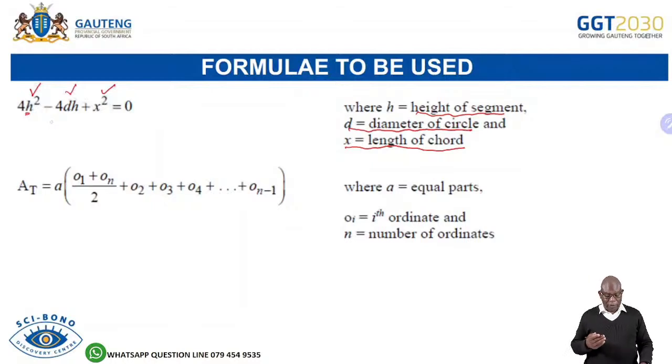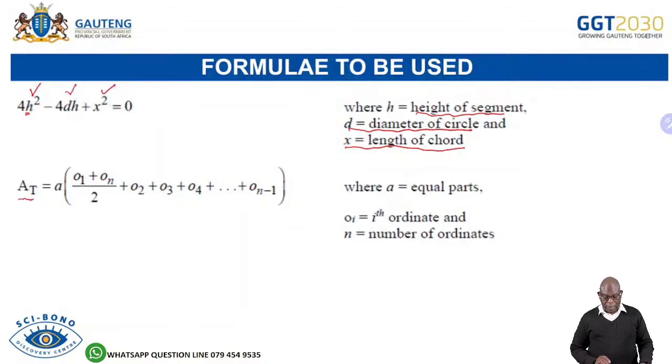Most of the time you find that the height is given, so check which height they're talking about, because we've got the height in the major segment and the height in the minor segment. Right, when you do that, I'll show you that part.